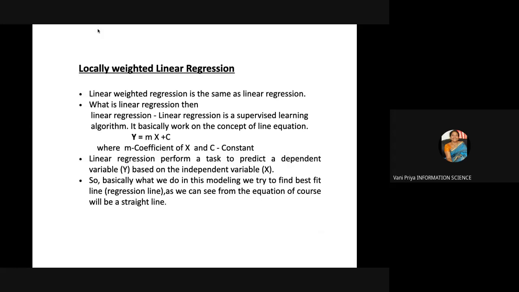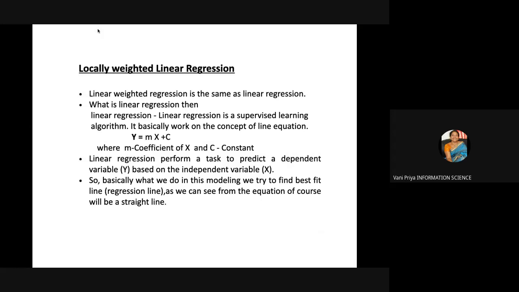So why is it locally weighted regression? It is called local because the function is approximated based only on the data near the query point xq. Weighted because the contribution of each training example is weighted by its distance; that is, we consider the distance of each neighbor from the query point.